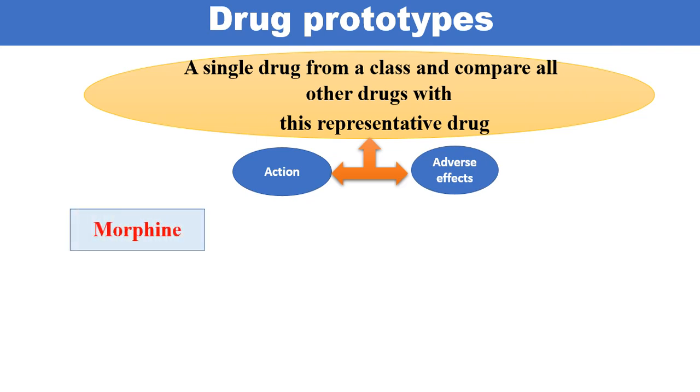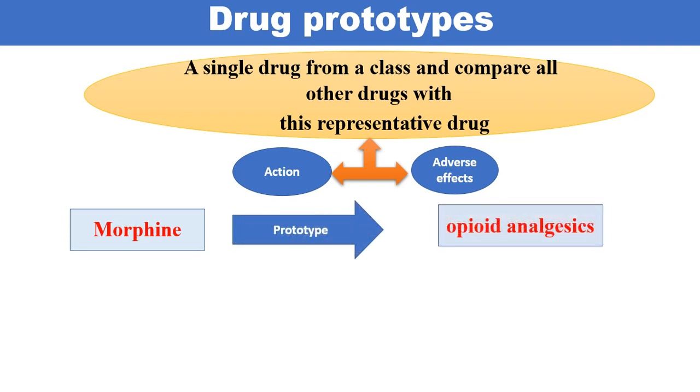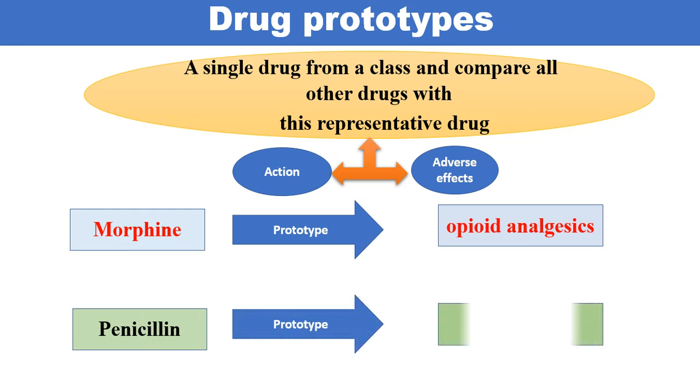Like morphine is the prototype of opioid analgesics. So we can compare any analgesic with morphine. So morphine is a prototype. And also penicillin is a prototype for antibiotics. Okay, this type of drug we call a prototype.